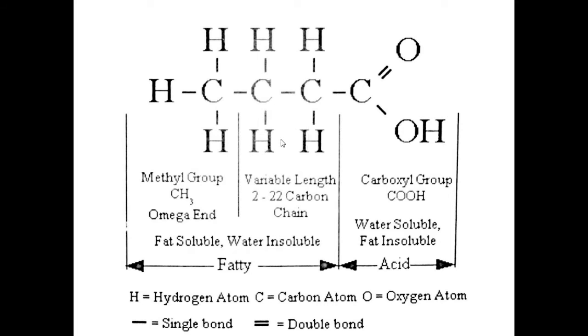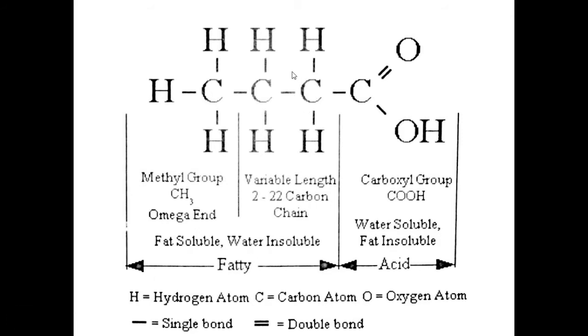That means from one fatty acid to another, this might have two carbons or four carbons, up to 22 exactly. But there are fatty acids that are longer than this. So the fatty acids vary in this middle portion.